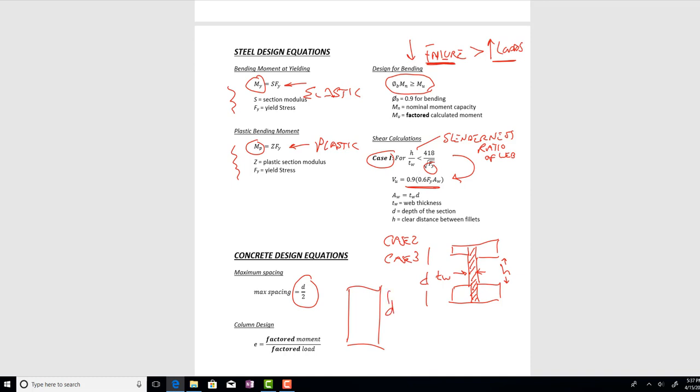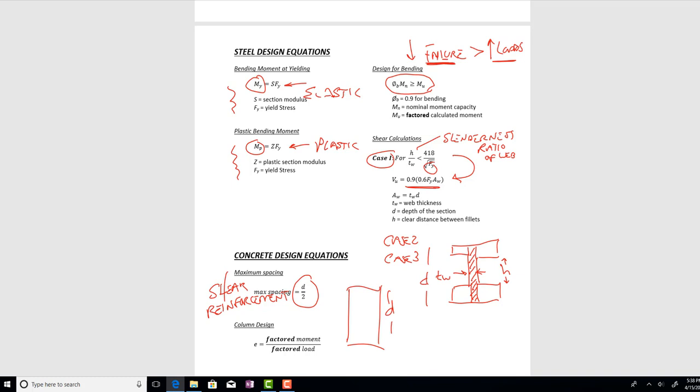If our D is a certain height, let's call it 20 inches, then the maximum spacing for our shear reinforcement is D over 2, so that at least 2 of those rebar would cross any shear crack that might develop. So if the height was 20 inches, maximum spacing is 10 inches. There is a spacing equation that sometimes says we've got to get them closer than maximum, but I've only had to deal with maximum.